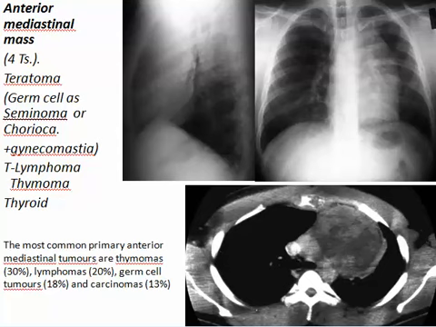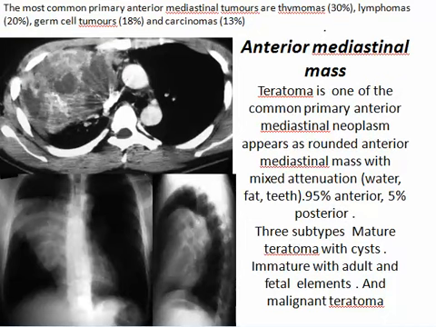So we have the thyroid, thymoma, lymphoma, teratoma, and as we said, teratoma forms 18%, and we have three subtypes: the mature teratomas, the immature teratomas with fetal elements, and the malignant teratomas.